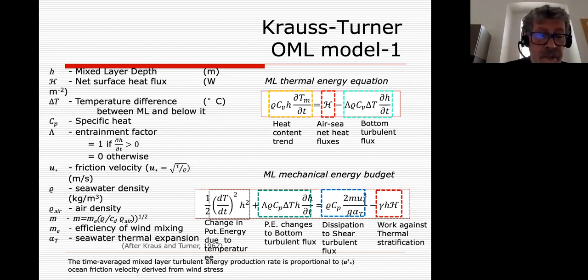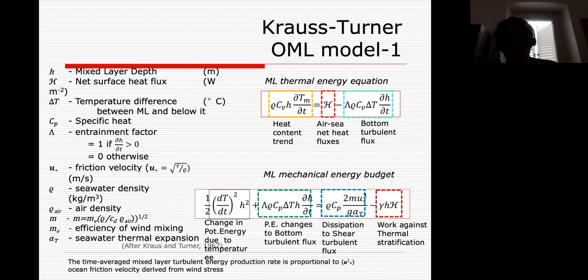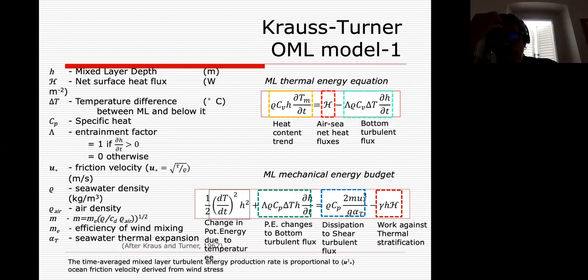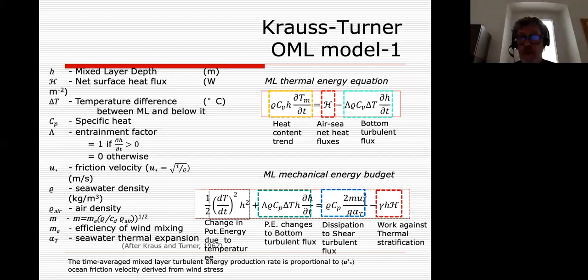It is one when the mixed layer goes down and zero otherwise. So what does it mean? If you have a deepening of the mixed layer because of mechanical entrainment, mechanical mixing due to the entrainment of new water from below, this term has to be considered, and lambda is 1.